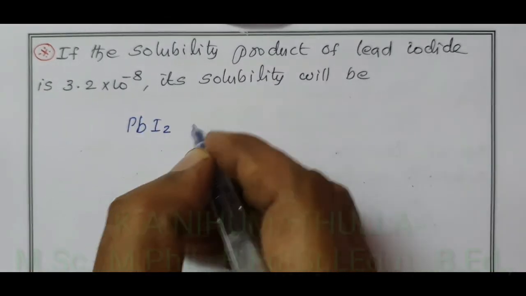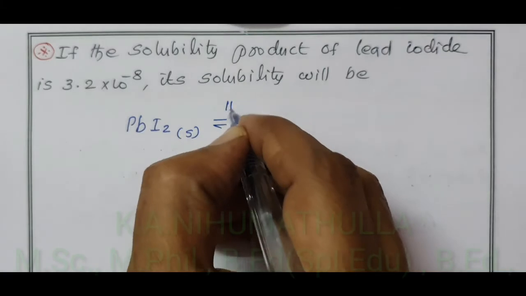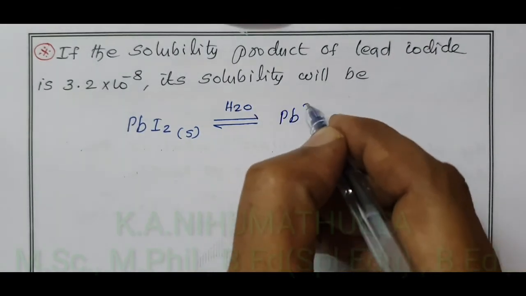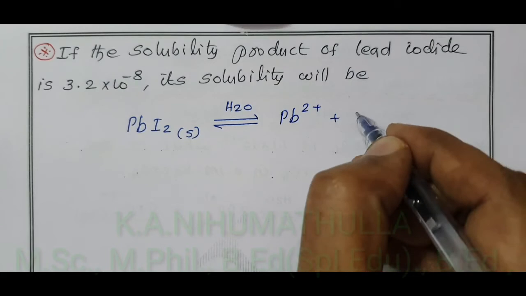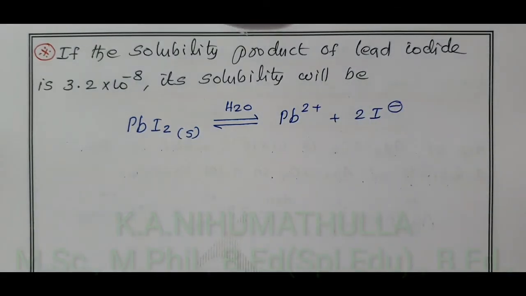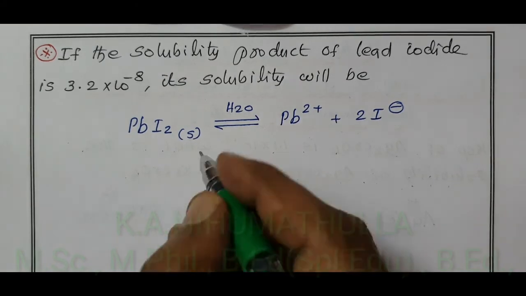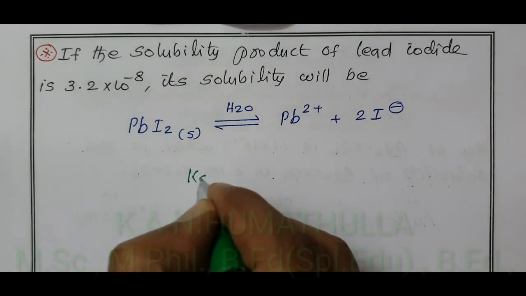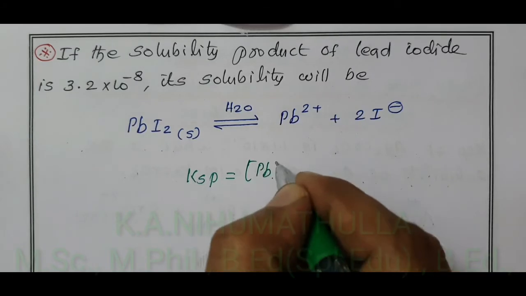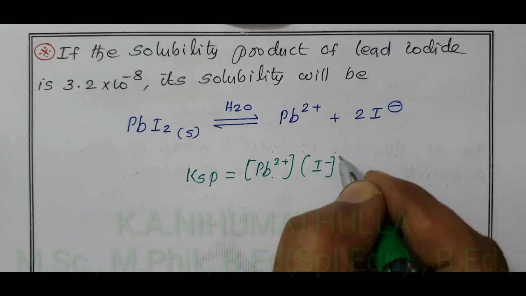PbI2 in solid state when dissolved in water H2O undergoes ionization, gives Pb2 plus ion plus 2I minus ion. K solubility, only one compound is given in our problem. K solubility product equal to concentration of Pb2 plus ion into concentration of I minus ion square.